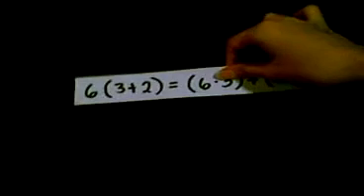Example, 6 times quantity 3 plus 2 is equal to quantity 6 times 3 plus quantity 6 times 2. 3 plus 2 is 5 times 6 would be 30. 6 times 3 is 18 plus 6 times 2, 12, which is also 30.